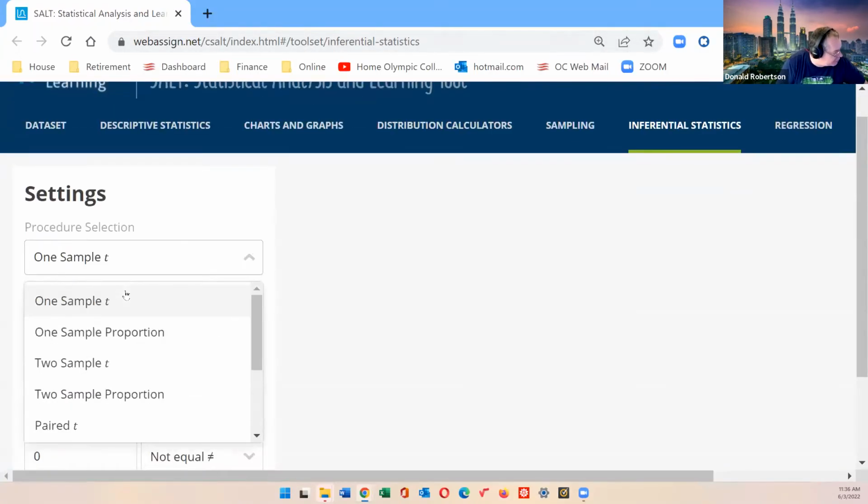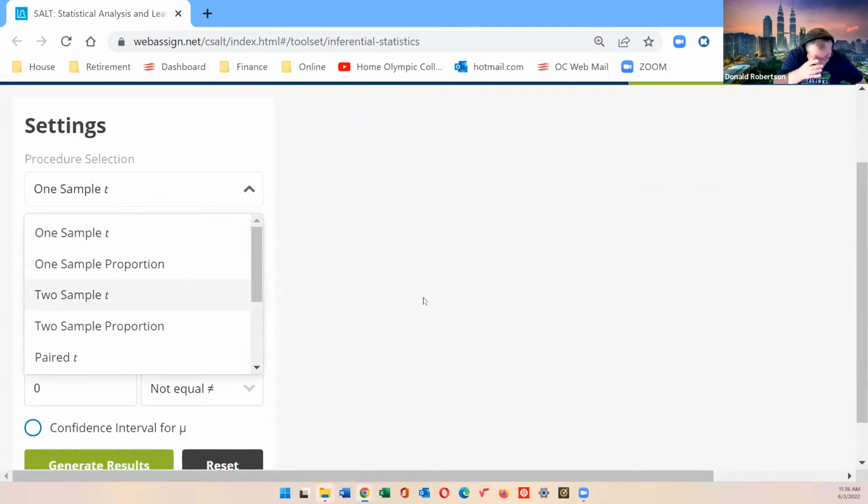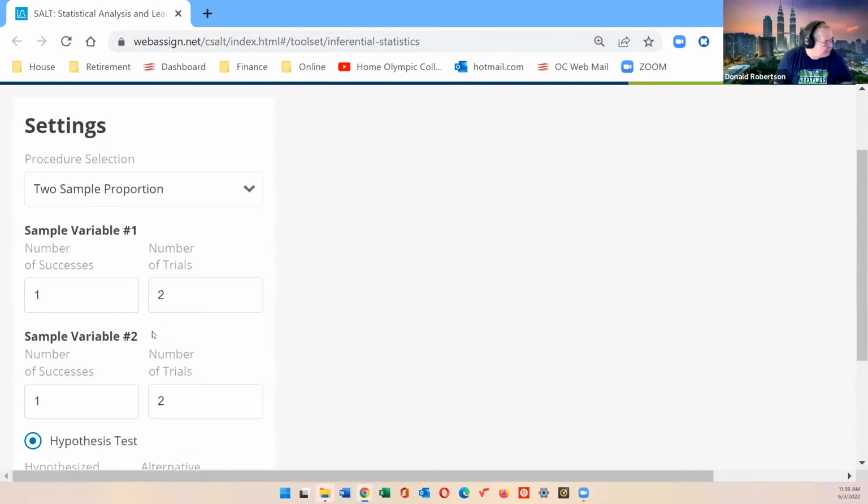Inferential statistics. Click on this guy. Which one of those do you think we're going to use for our stories? 2 sample proportion? Nailed it, right? Now, do you notice that you get the question, how many out of? Which is good because that's what my numbers are. And in the first one, it was 86 out of 93.